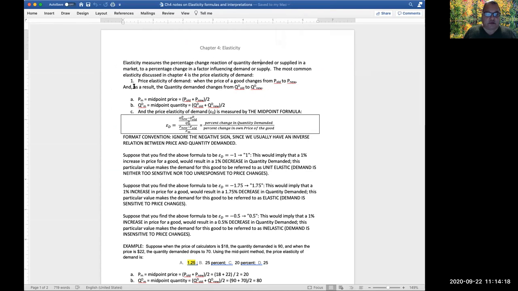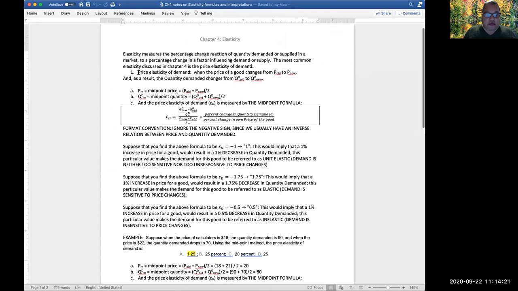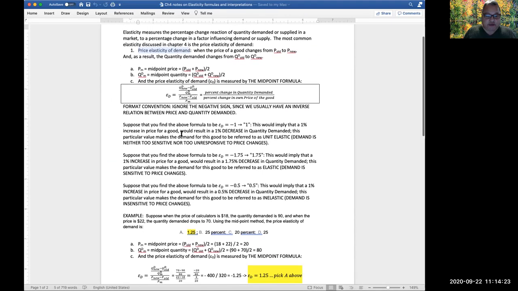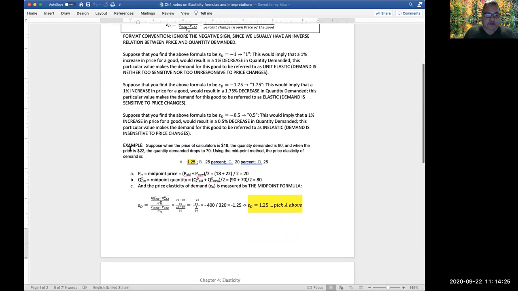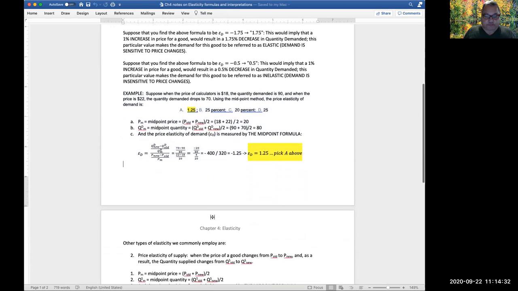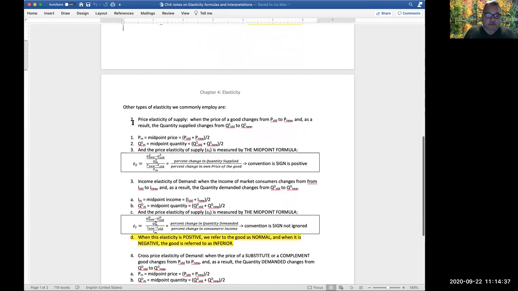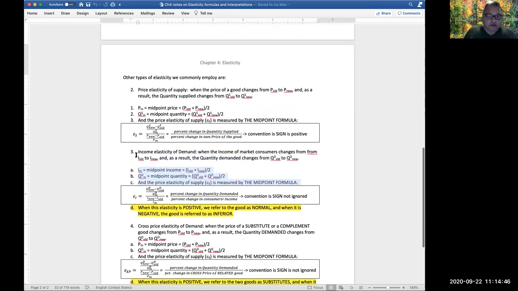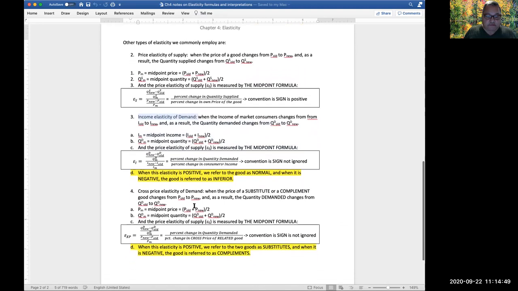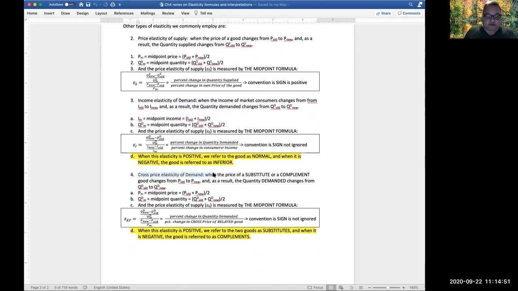You'll notice that in this file, I first introduce you to the price elasticity of demand, and I go all the way through to an example of how to calculate it. Then I go into the price elasticity of supply, then the income elasticity of demand and the cross price elasticity of demand.